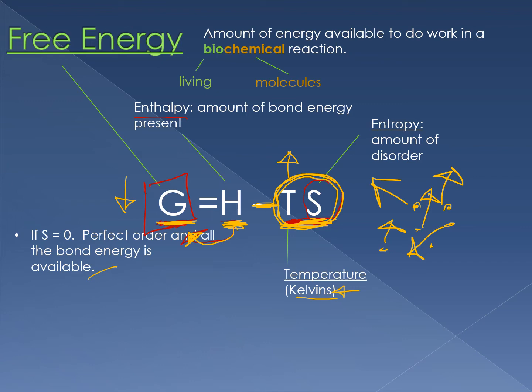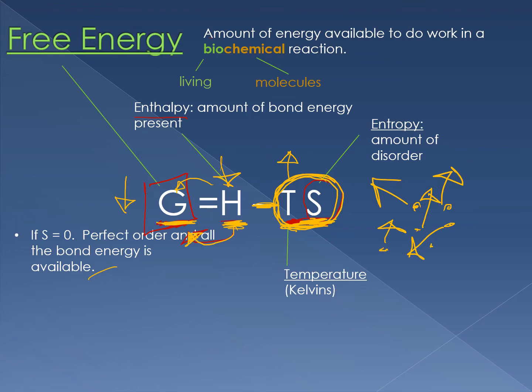The hotter it is, and the more of whatever this S thing is, the more disorder there is. Hotter means more movement of molecules, and S is already disorder. So the more disorder there is, the less of the energy in bonds is available to be transferred and used as free energy.